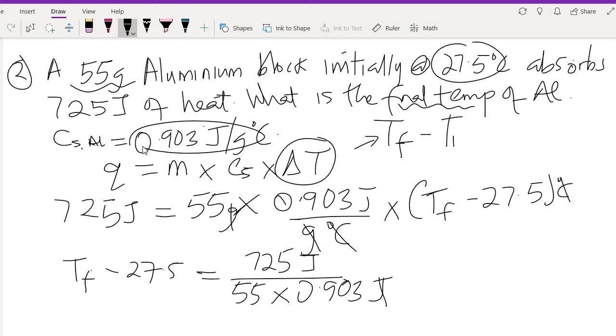So this goes away and it gives us 14.6 degrees C.